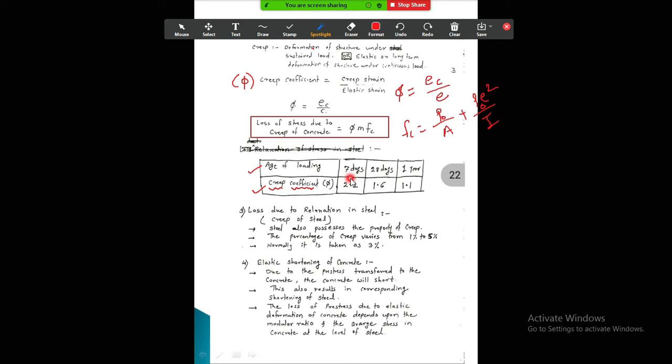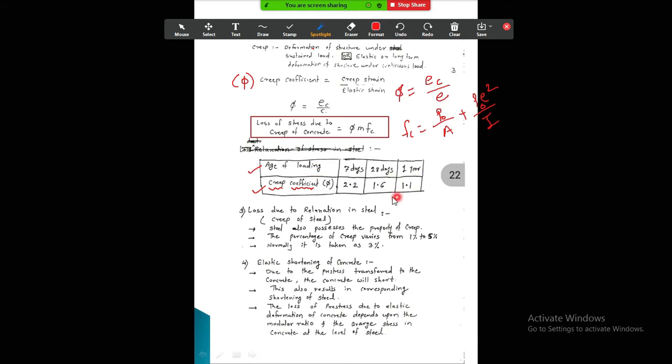If you apply the load to the concrete continuously for 7 days, then the creep coefficient value phi is 2.2. Sometimes these phi values are not given in the examination, so you have to remember these values. For MCQ also these values can be asked. For example, the value of creep coefficient for age of loading of 28 days is dash dash dash, and options will be given to you and you have to choose one correct option.